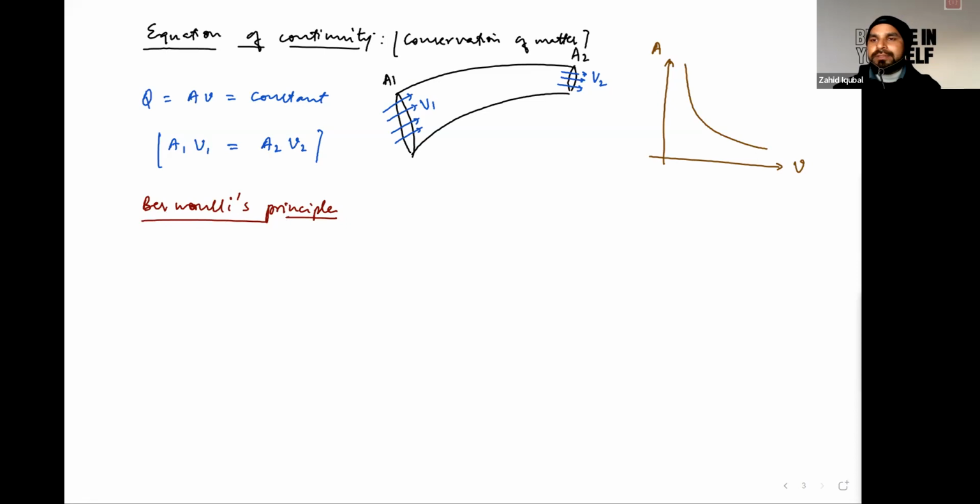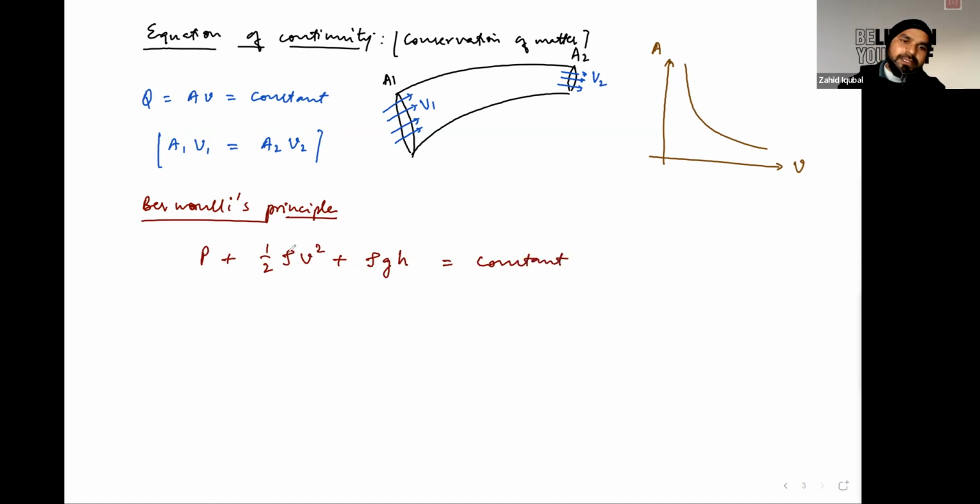What would be the limitations related to this Bernoulli's principle? The liquid should be non-viscous and incompressible. Energy should be conserved and gravity should be constant. Good. So we can say pressure plus half rho V square plus rho g h is equal to constant.